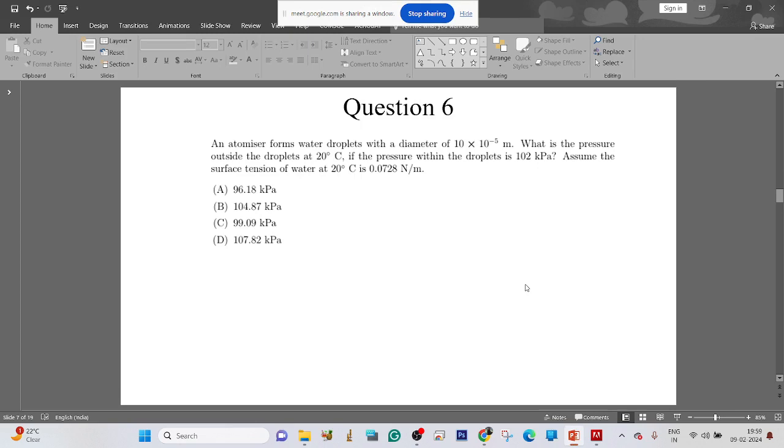An atomizer forms water drop with a diameter of 10 into 10 to the power minus 5 meter. What is the pressure outside the drop at 20 degrees Celsius if the pressure within the drop is 102 kilopascal? Assume the surface tension is 0.0728 Newton per meter.